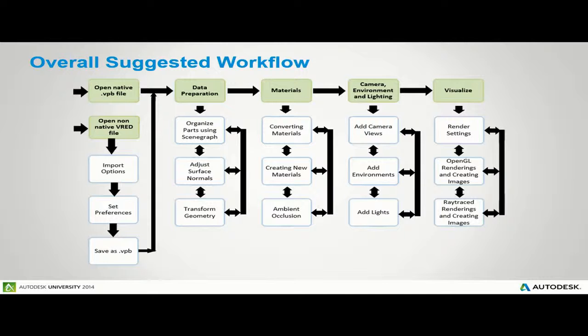If you are adding lights, you can add them to add drama, for example. Okay, I want a spotlight on top of my car. That is where you need those lights. So these are additional lights. They are not the actual lights. The lights are already coming from the environment that you're using.